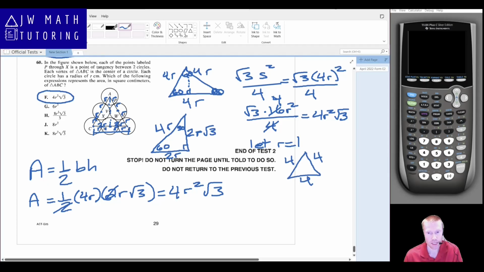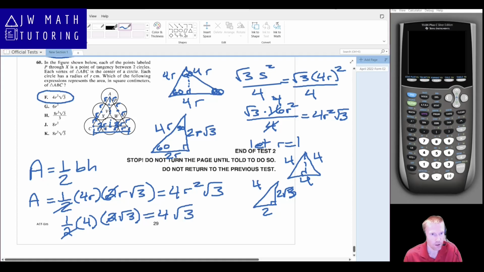And then if you split that using the altitude, you have a 30, 60, 90 triangle, with a side of 4, one side of 2, and this side over here becomes 2 square root 3. Then plug those numbers into the area formula, 1/2 base times height, and it would be 1/2 times the base, which is just the number 4, times the height, which is 2 square root 3, and notice we get just 4 root 3.